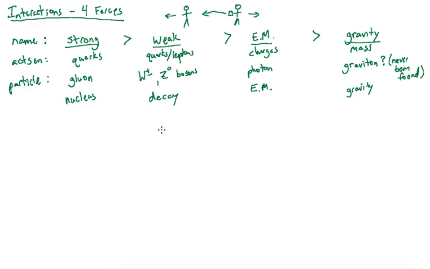Now, you may be asking yourself, why is it that if the strong force is the strongest and the weak force is the second strongest, why aren't these 2 dominating the universe as we see it? Because when we look out there, mostly what we see is gravity. Gravity is the one that's still dominant.